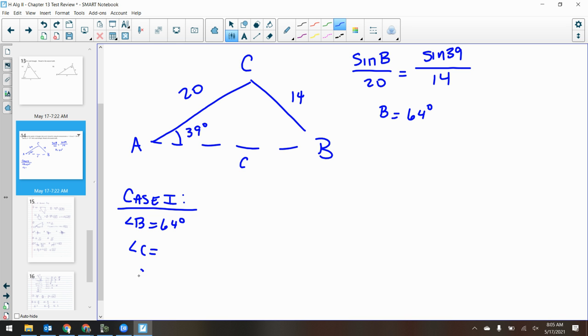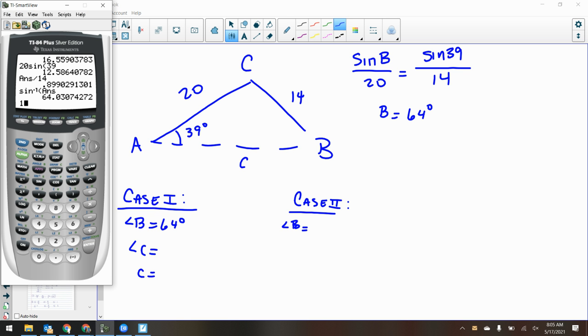We will eventually have to find its angle C and its side C. Let's check for the existence of case 2. Its angle B would be the supplement of the case 1's angle B. So 180 minus 64, which gets us 116.